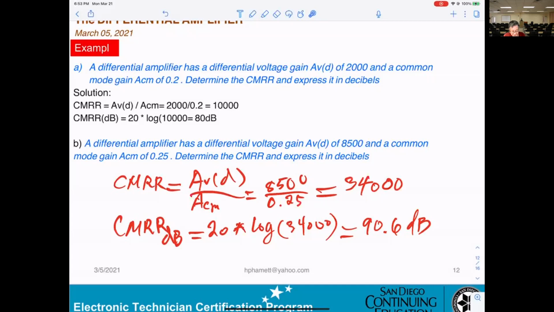You take AVD divided by ACM, you get 34,000. Then you convert into dB. Common mode rejection in dB, 20 log of 34,000, you get 90.6 dB. Okay, any question on that?